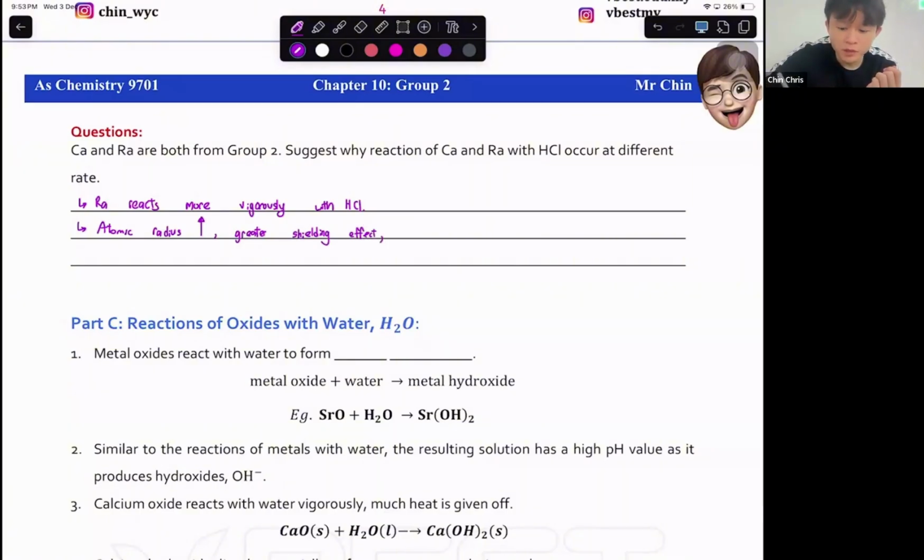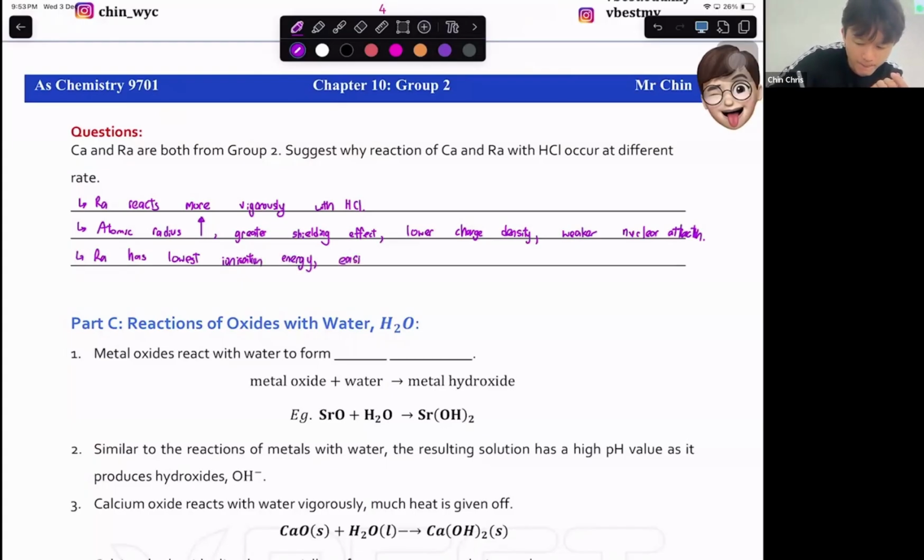What else? It has a lower charge density, weaker nuclear attraction. I'm just spamming points. So Ra has lower ionization energy, easier to lose electrons. Okay.